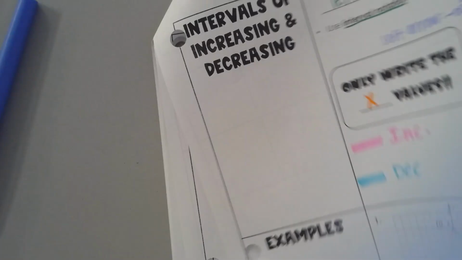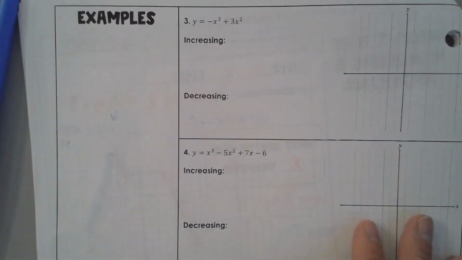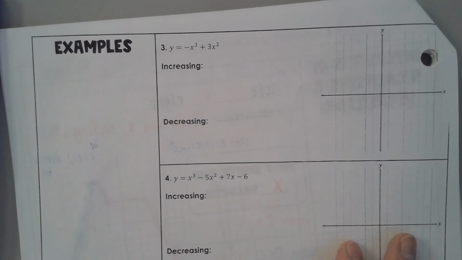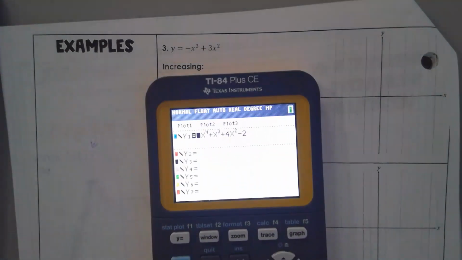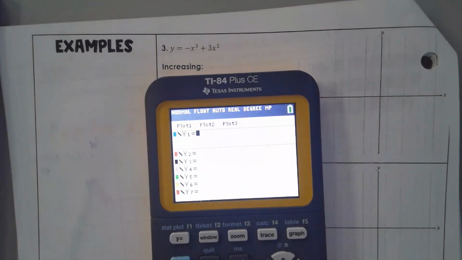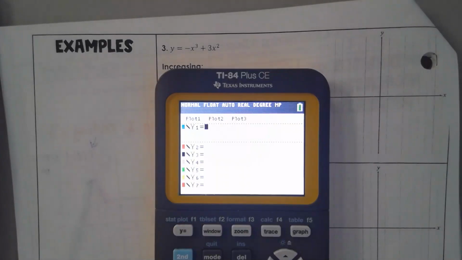Let's go to one where we actually have to graph it ourselves. So you'll need your calculator. In order to graph it, we need to get the maximums and minimums.